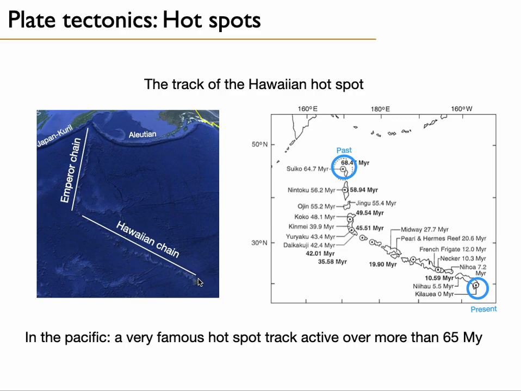Along the Hawaii chain, the volcanic activity dates to the present, and then there is a trend of ages going older back into the past. So this hotspot track can be traced over the last 65 million years at least.